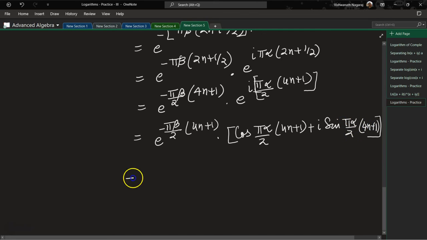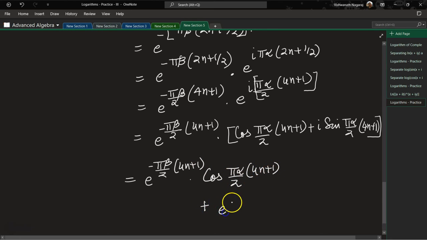4n plus 1. Now let's multiply it by e to the power of minus pi beta by 2 4n plus 1 times cos pi alpha by 2 times 4n plus 1 plus e to the power of minus pi beta by 2 4n plus 1 times i sin pi alpha by 2 4n plus 1.